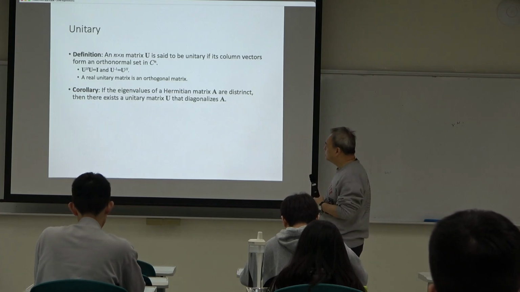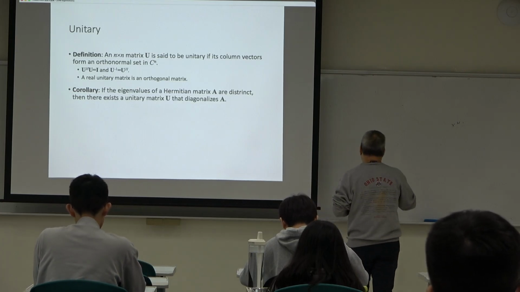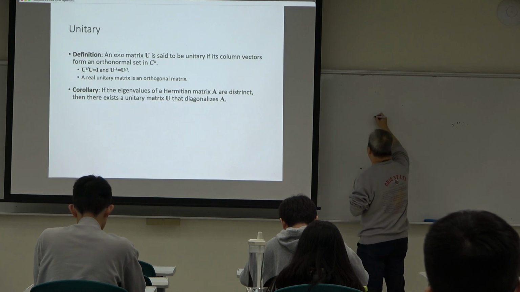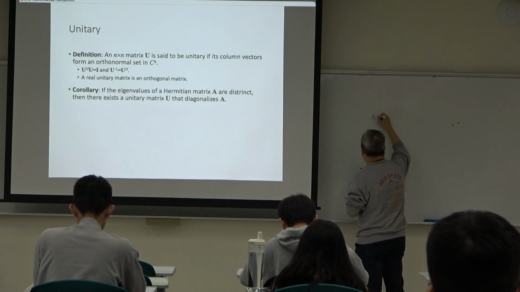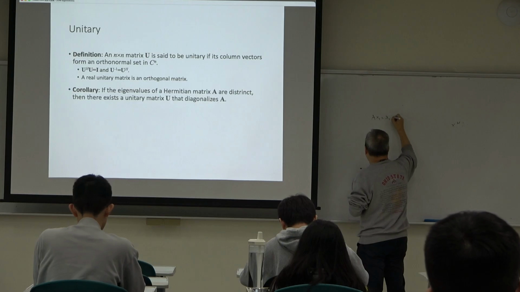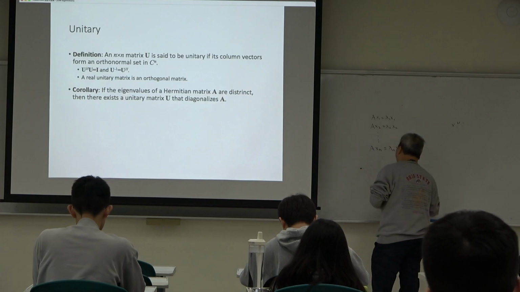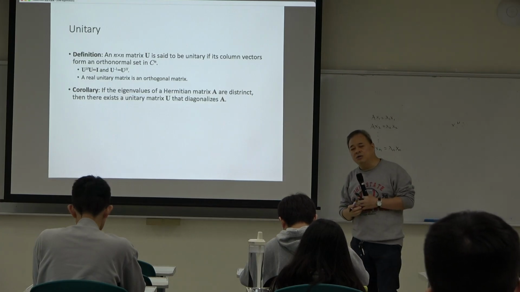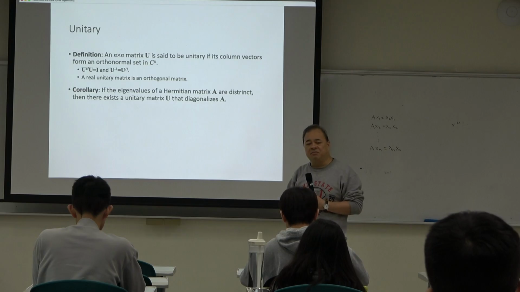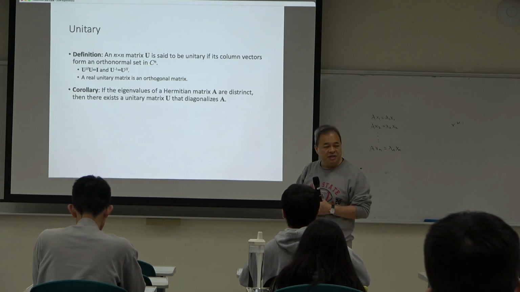So we have A x1 equal to lambda 1 x1, A x2 equal to lambda 2 x2, up to A xn equal to lambda n xn, where lambda 1 to lambda n are all different, and by the way, they are all real, right?